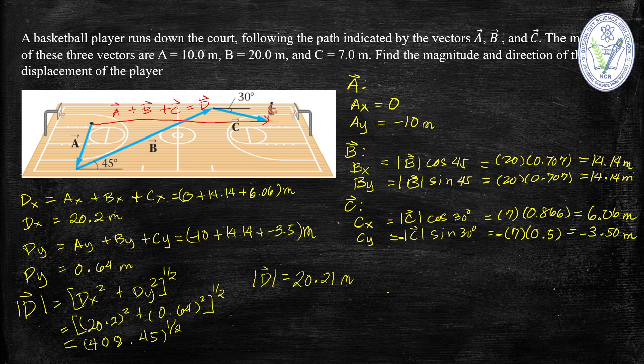Okay, now what would be the direction? So we use theta equals arctangent of Dy over Dx. That would be arctangent of 0.64 divided by 20.2.